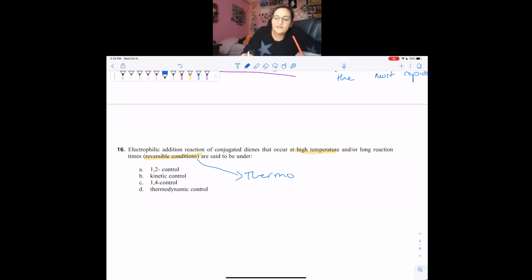If this asked you about the lower temperatures, what would the answer be? Kinetic, exactly. So high temps, thermo, low temps, kinetic, and 1,2 control and 1,4 control are not even a thing. So, garbage.